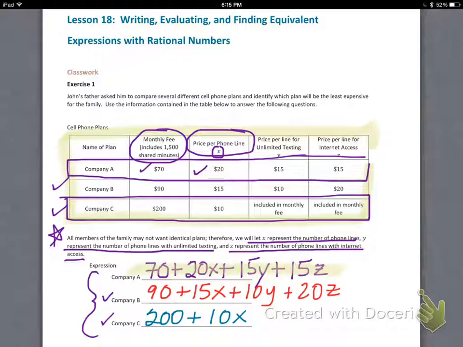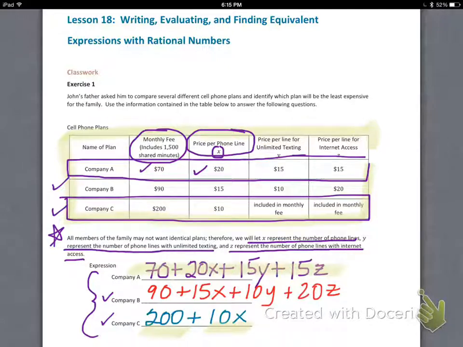Okay, so hopefully you have expressions that match these here. Company B: 90, that one-time monthly fee, plus 15X plus 10Y plus 20Z. And they all come from the table. Now, company C is very interesting because they charge a higher monthly fee, $200, but they only charge per phone line, which would be represented as 10X.